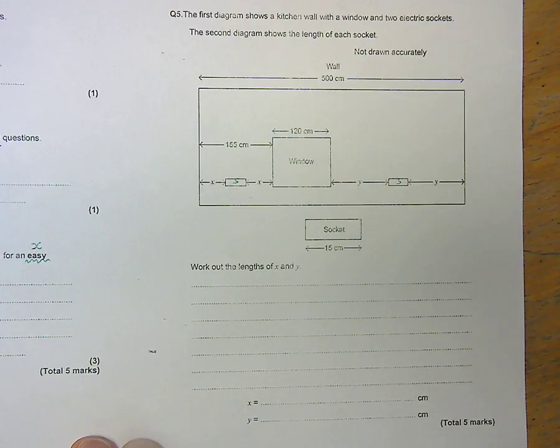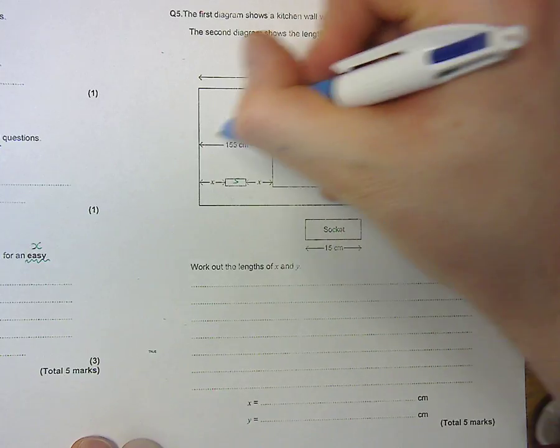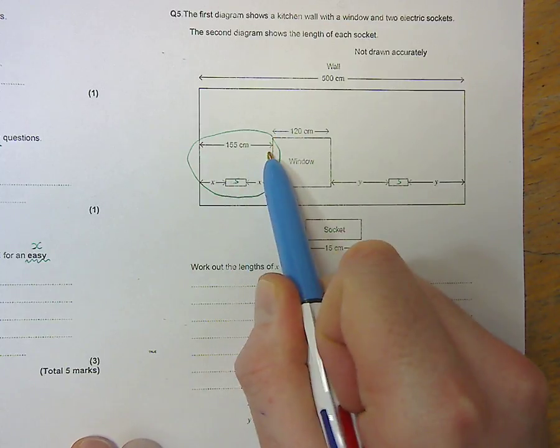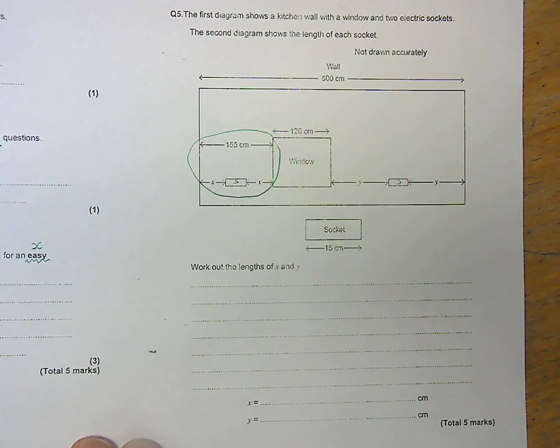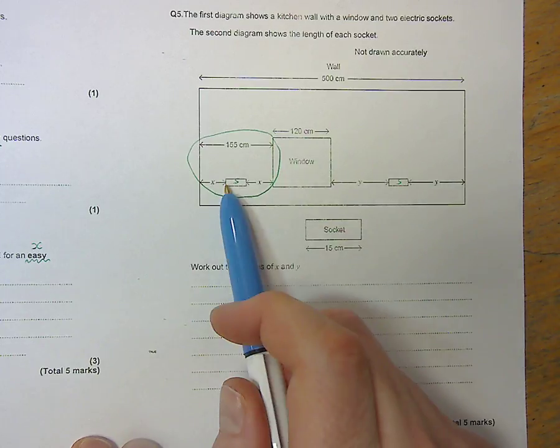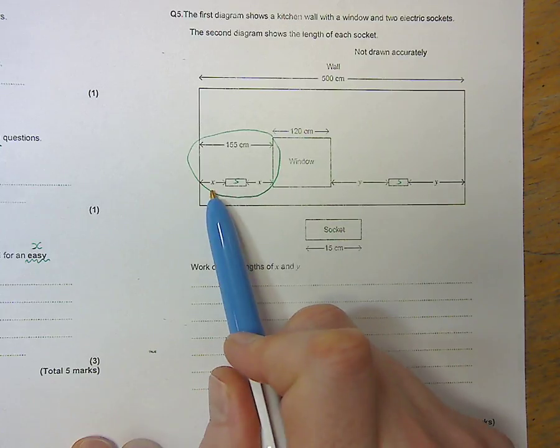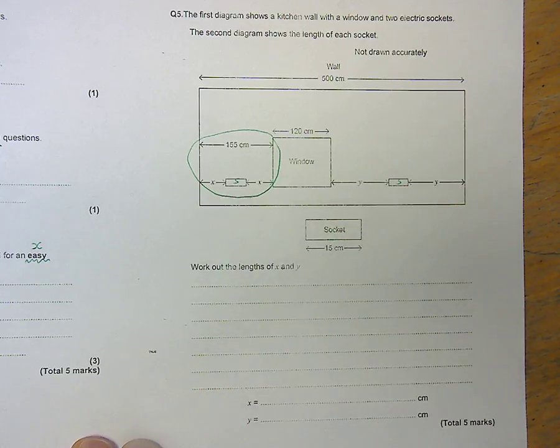So first thing, usually we solve things in alphabetical order, so it's easier to find x than it is to find y. For x, I'm going to look at this section up here. I know that this length is 155 centimeters. I know that the socket is 15 centimeters because it tells me below, and then we've got 2 equal lengths of length x in there.